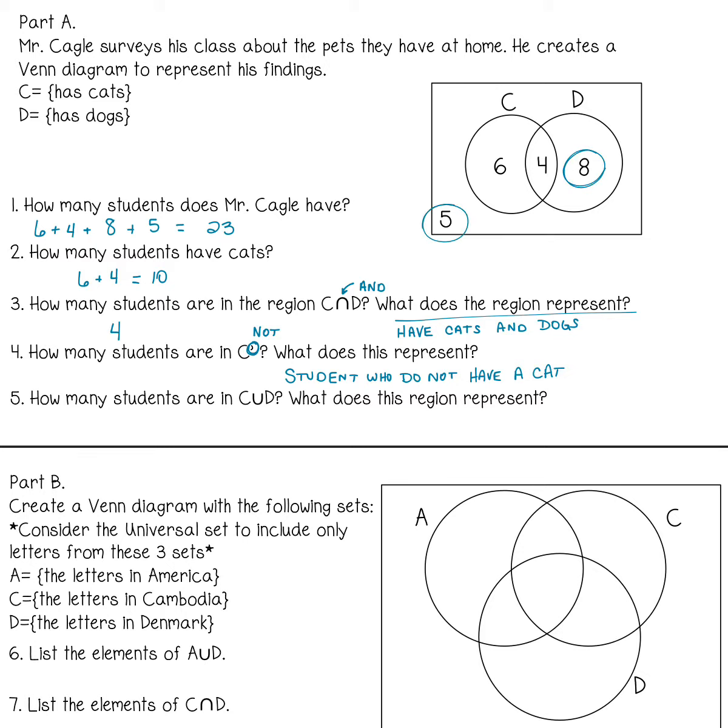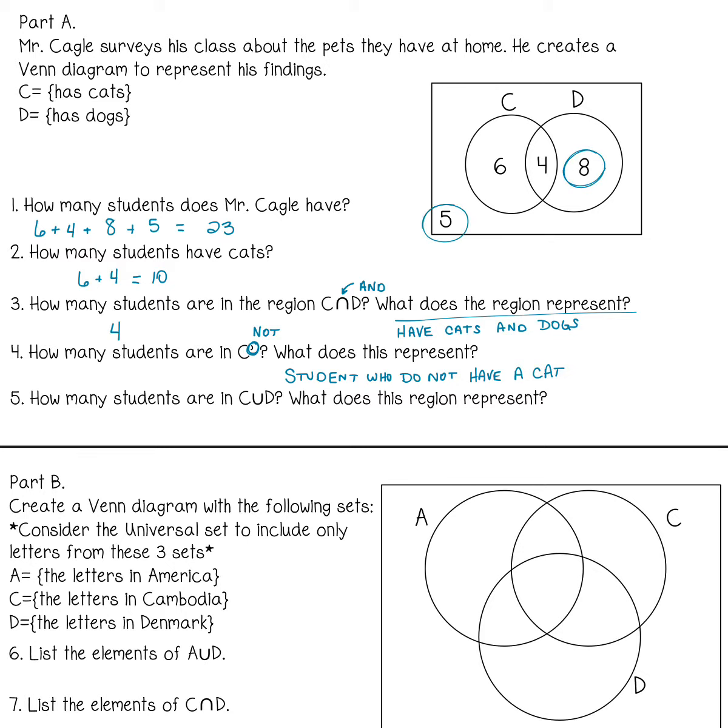E is in America, but it's not in Cambodia, and it is in Denmark. So E is shared by America and Denmark. R is not in Cambodia, but it is in Denmark. So R is shared between those two.